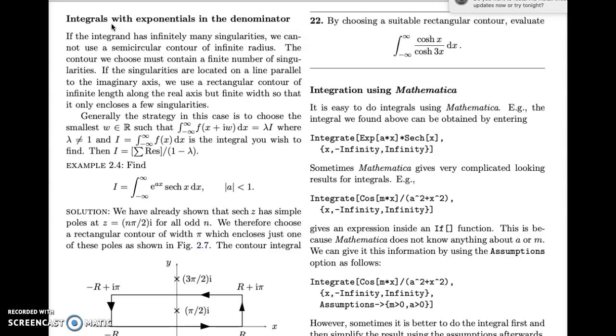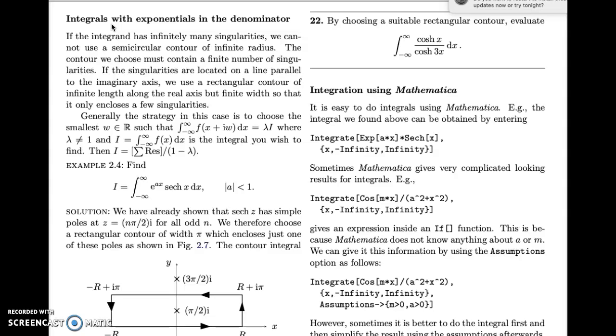So we've seen, for example, along the imaginary axis, things like the hyperbolic functions have zeros. For example, cosh z has zeros at (n plus 1/2) pi i, where n is an integer.